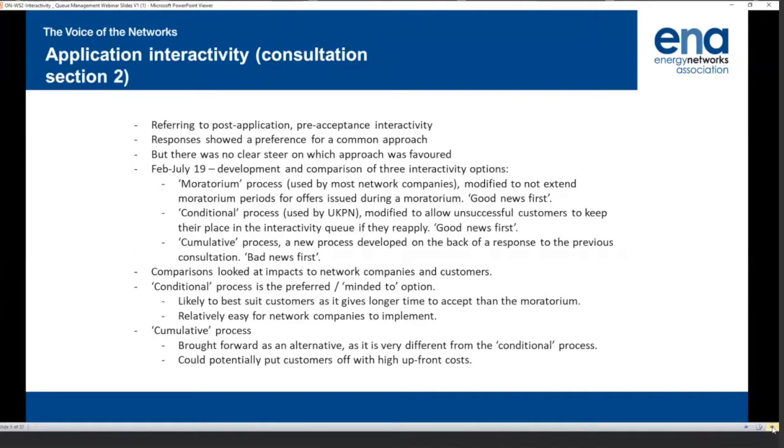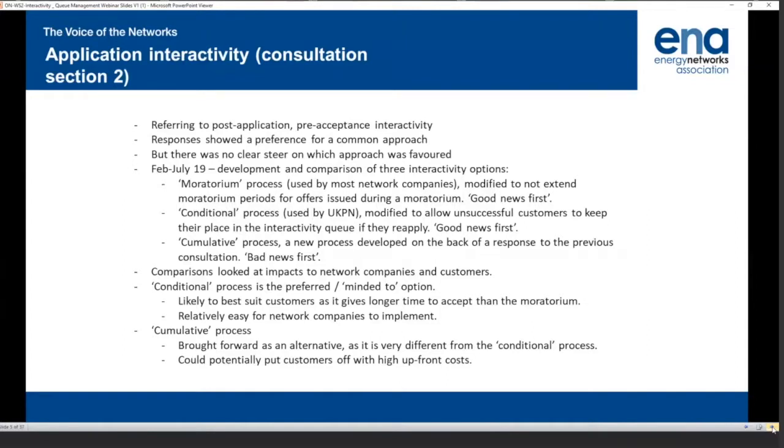So you get this cumulative approach, and so you get the worst case offer up front. So the highest case reinforcement up front, which might potentially reduce depending on the actions of previous customers. So they're the 3 that we were looking at.